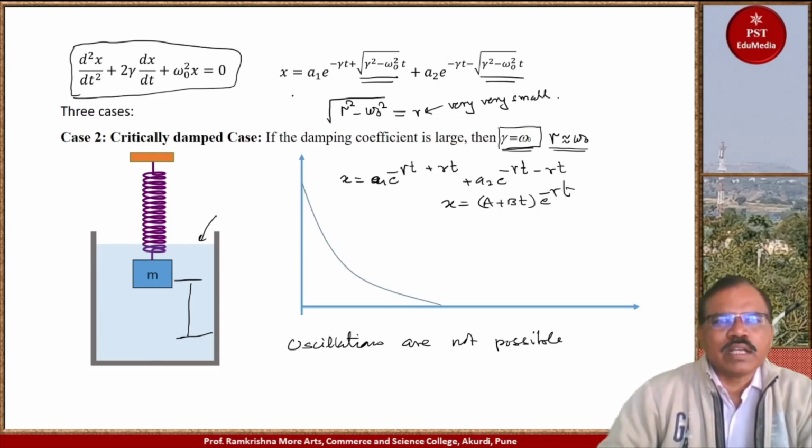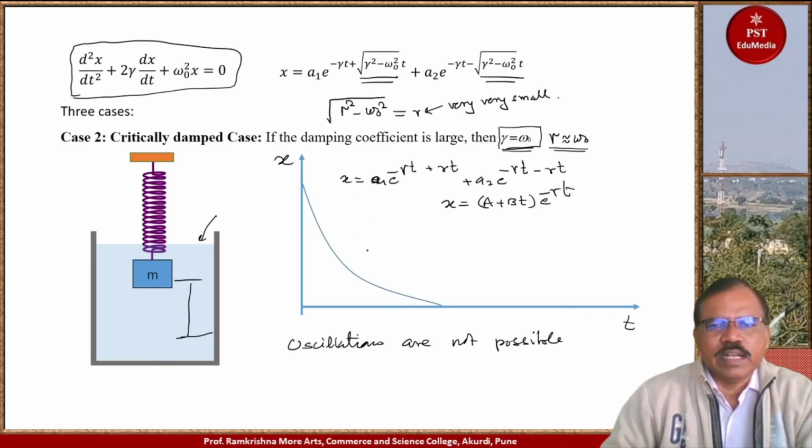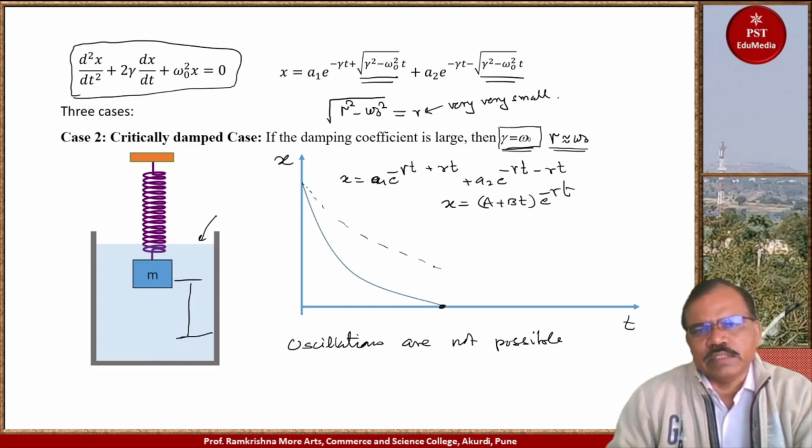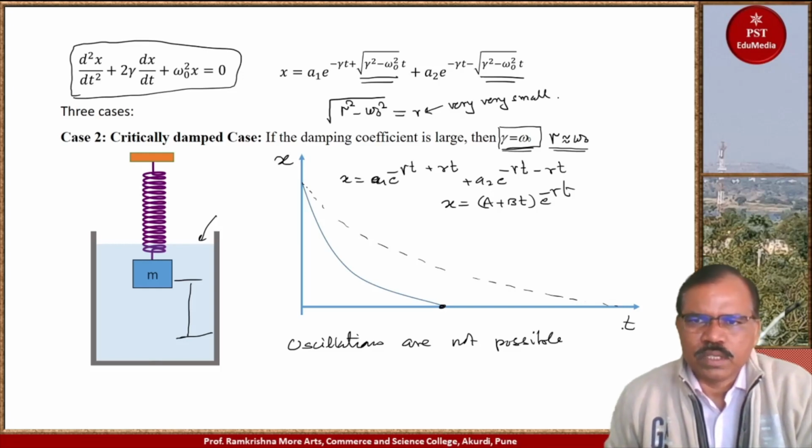If we plot a graph of x, displacement versus time, you will get this. In the over damped case we have seen it takes a very large time to come to rest.